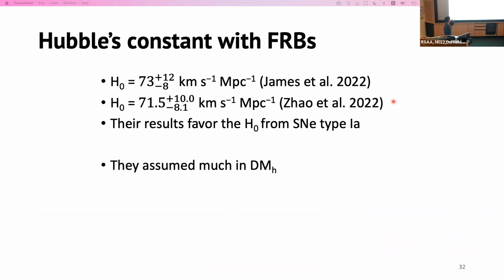Some people have done this before. James et al. calculated a number of 73, and Zhao et al. also calculated a number of 71.5. This result favors the Hubble constant from Type Ia supernovae. However, the error is quite large at this time.